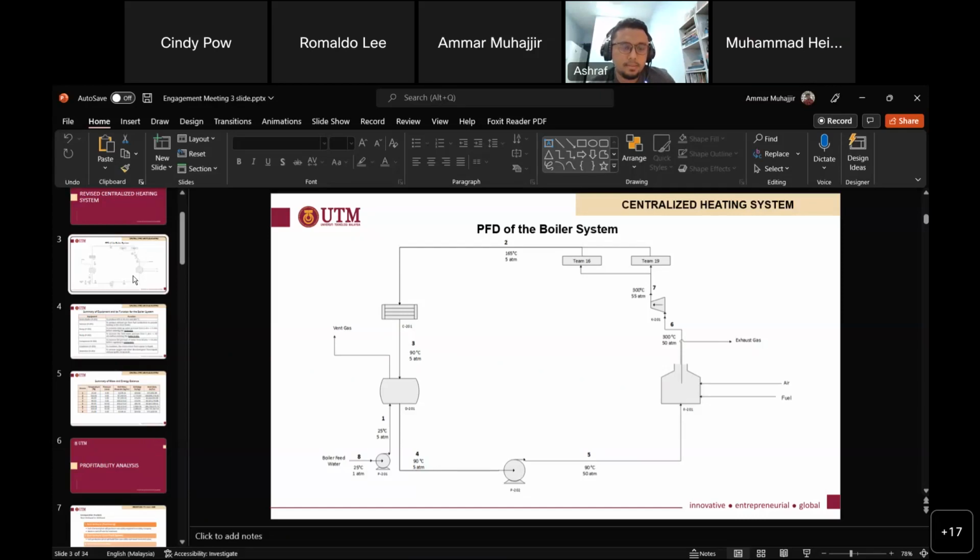Kalau combine tu akan berubah PFD ke? Tak, dia akan berubah kalau you mention you akan jual kat external party. I see. Sebab kalau you nak jual to external party, you punya stream 2 ni will not be 100% going to the condenser lah. You need to branch out another line going to external consumer, and then you need to mention how much are you going to sell.